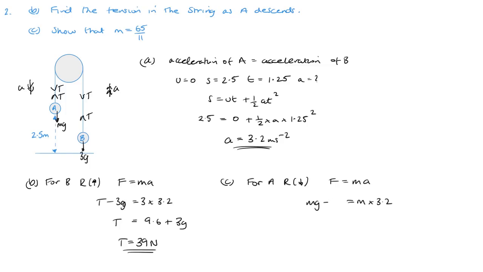So I can rub that out and put 39 in there. Right, so take the 39 to the right, and then we've got 9.8 m take away 3.2 m. So 6.6 m. And 39 divided by that is 65 over 11 as required.